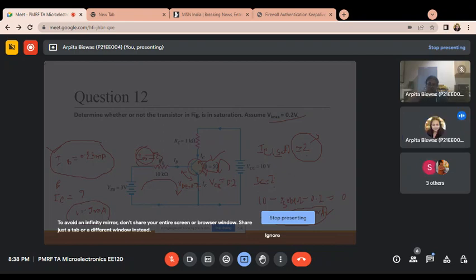See, the IB value is 0.23, and the beta value is 50. Beta is IC by IB, so you have to find the IC value.